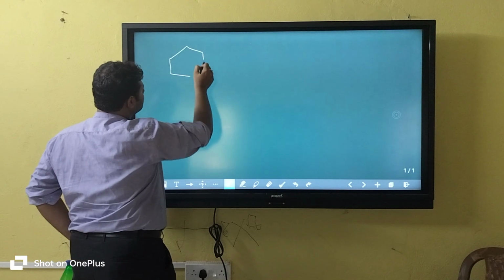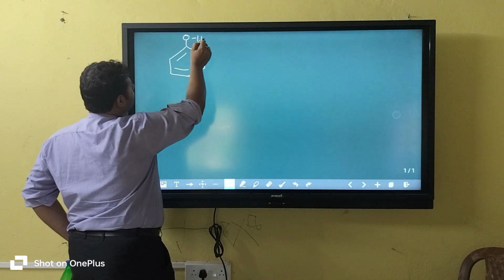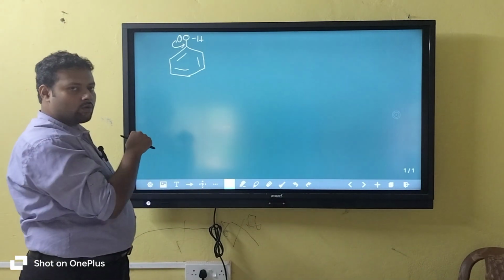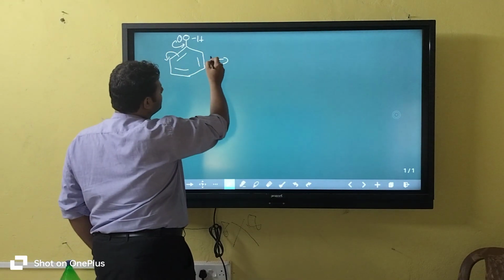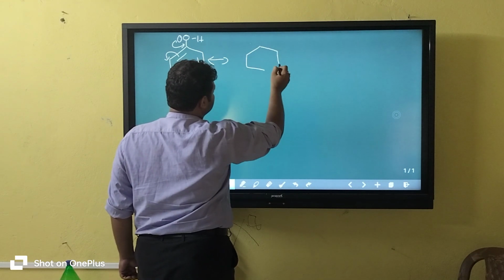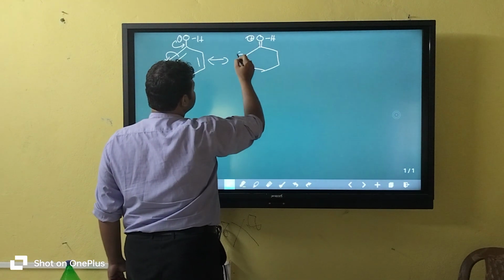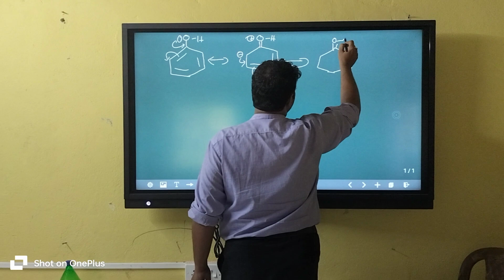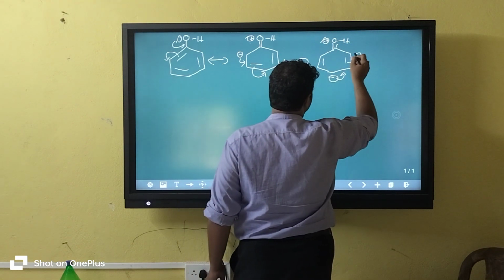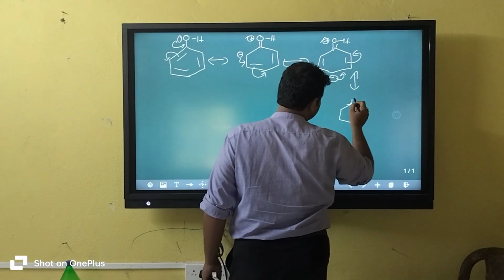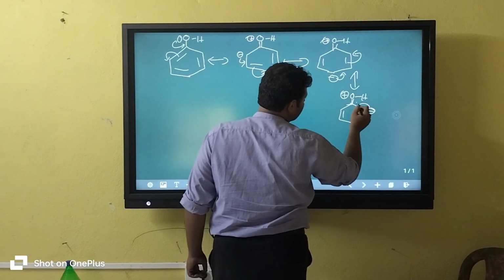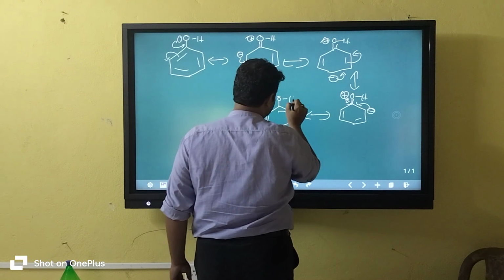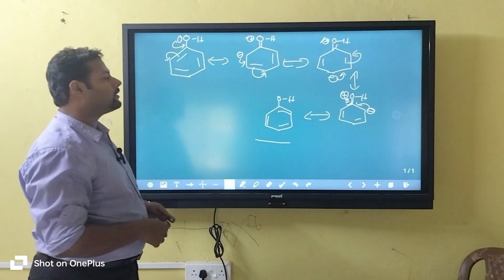As we all know, in a phenol molecule, the oxygen can send its lone pair into the benzene ring, so that we will see a resonating effect like this. So this is the resonance which takes place in the normal phenol molecule.